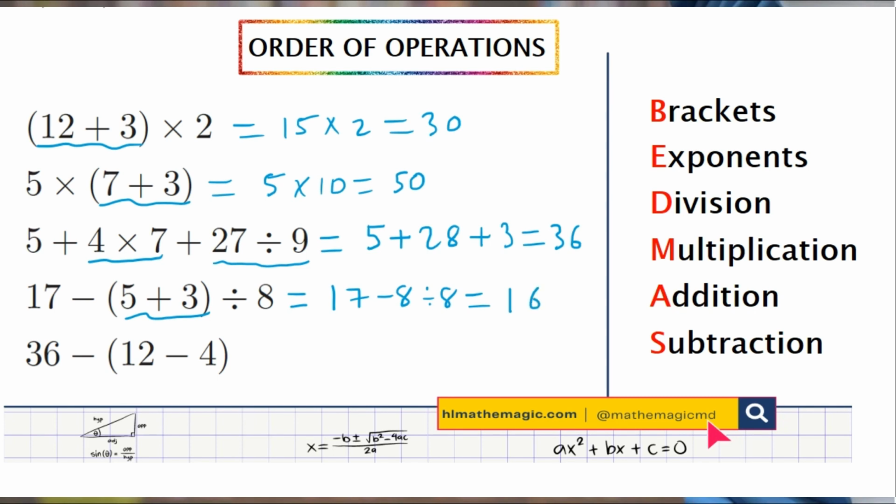Very good if you manage to do that one. And for our very last question on this order of operations worksheet, 36 minus 12 minus 4. Now 12 minus 4 should go first here, so we could say this is 36 minus 8, and 36 minus 8, that's going to give you 28.